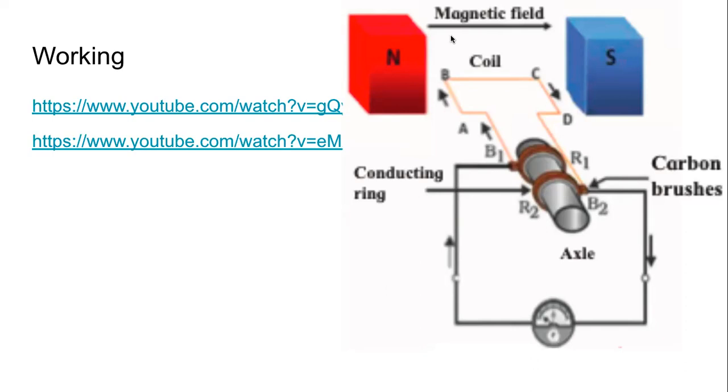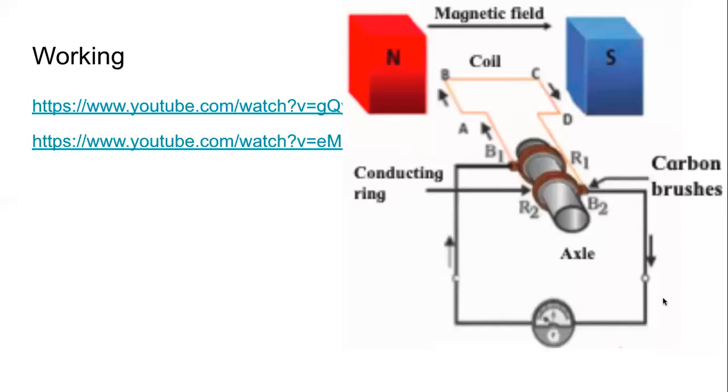Because of that, the direction changes. What we will observe in the galvanometer is for half of the cycle, the needle will move right. For the other half of the cycle, the needle will move left. Direction is changing. This movement will not happen if we use a direct current, if we generate a direct current.